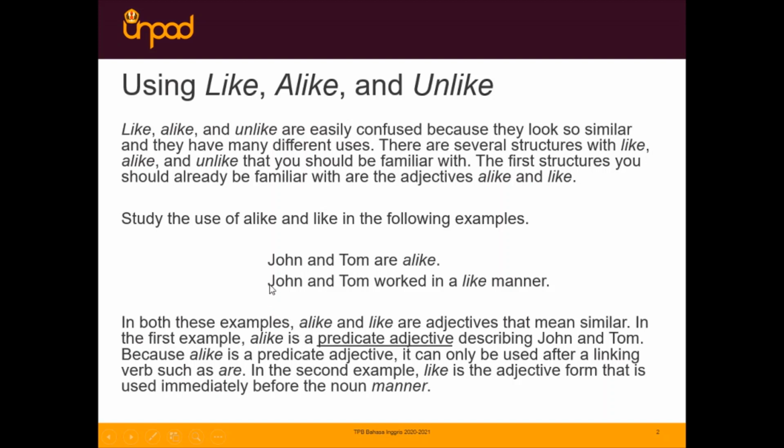Now, in the second example, like is the adjective form that is used immediately before the noun manner. In this case, like modifies manner because like here functions as the adjective of the noun manner.